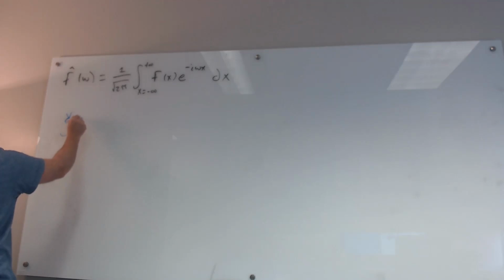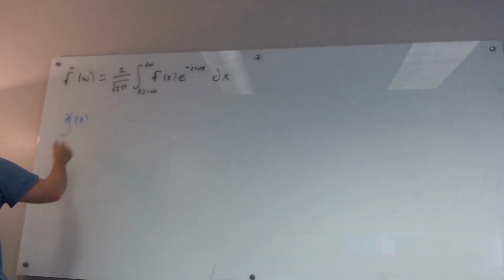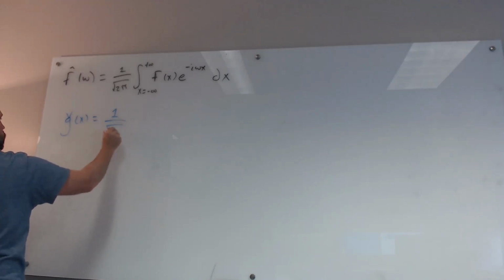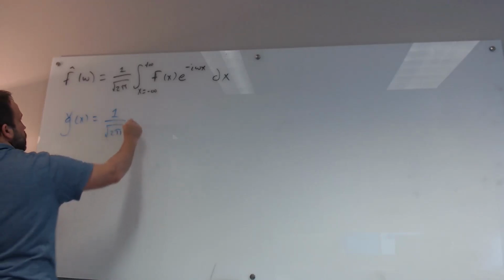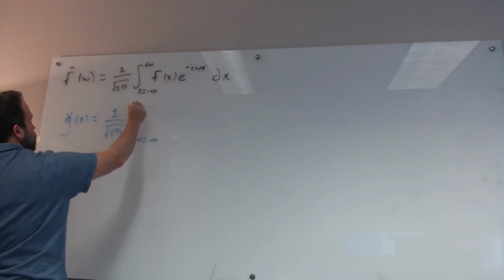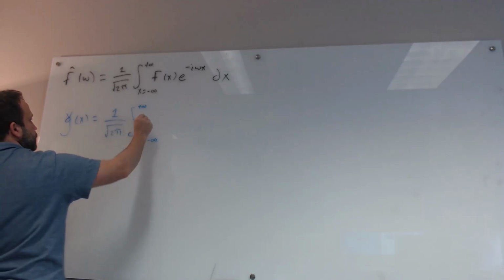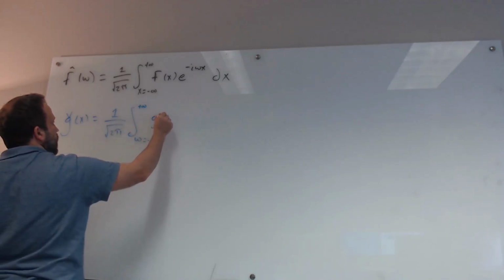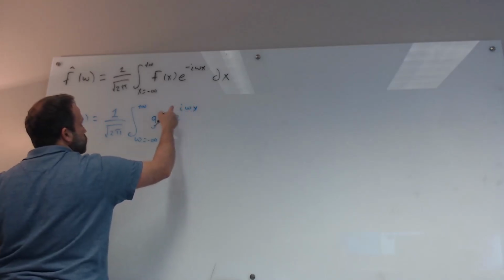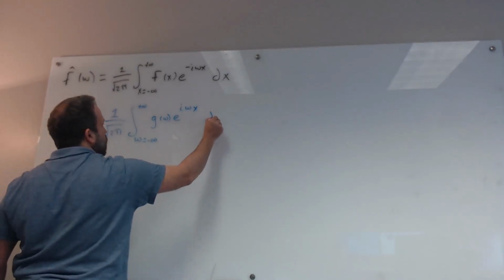g hat, or g check, notice it's an upside down hat, is equal to 1 over the square root of 2 pi times the integral, omega from minus infinity to positive infinity, of g of omega, then e to the i omega x, so there's not a minus sign here, d omega.